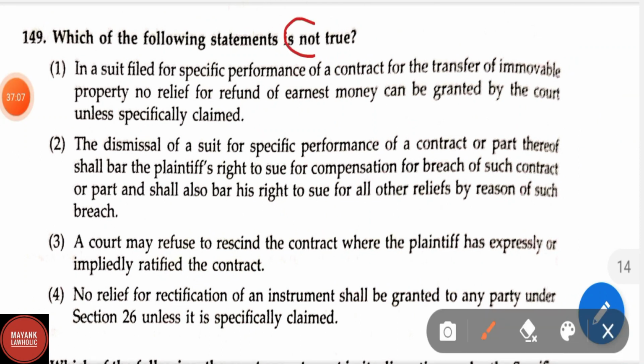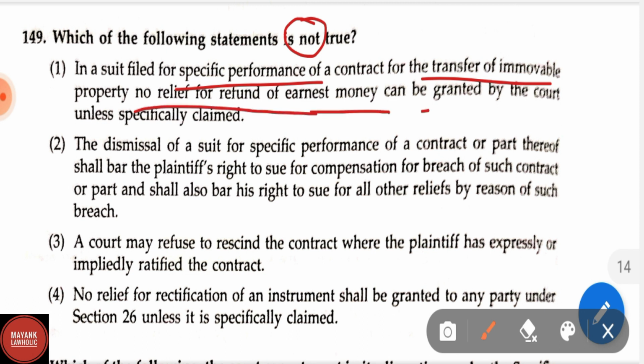Which of the following statements is not true? Here we have to find which is not true. The options are: option 1, in a suit filed for specific performance of a contract for the transfer of immovable property, no relief for refund of earnest money can be granted by the court unless specifically claimed.